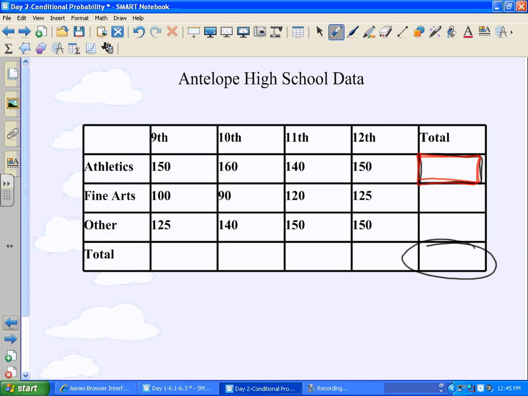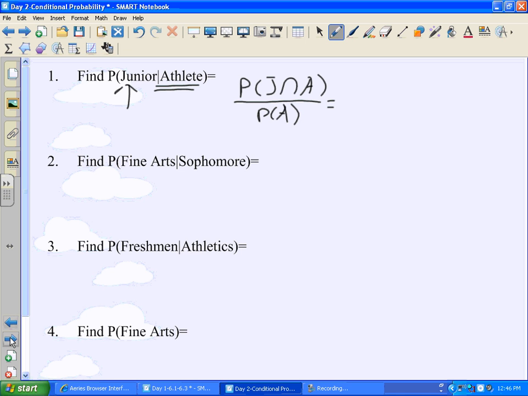How many athletes do I have in the context of this problem? 600. And I get that by adding the freshman, sophomore, junior, and senior athletes together. 600 athletes. I want to know, of those 600 athletes, how many of them are juniors and athletes. Hopefully, you figure that's 140. So the probability that somebody is a junior, given that they're an athlete, is going to be 140 over 600.